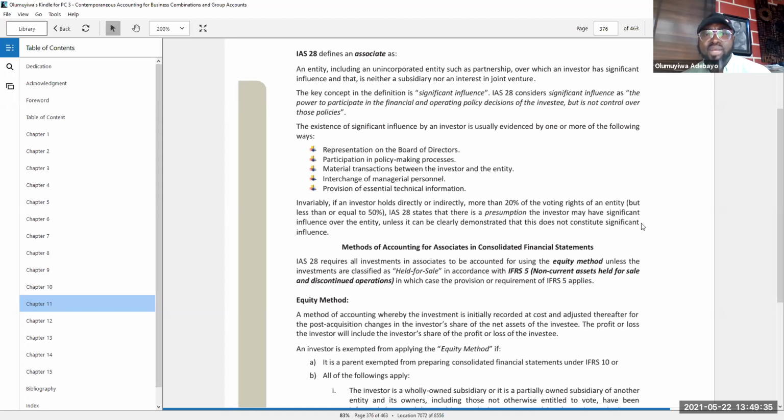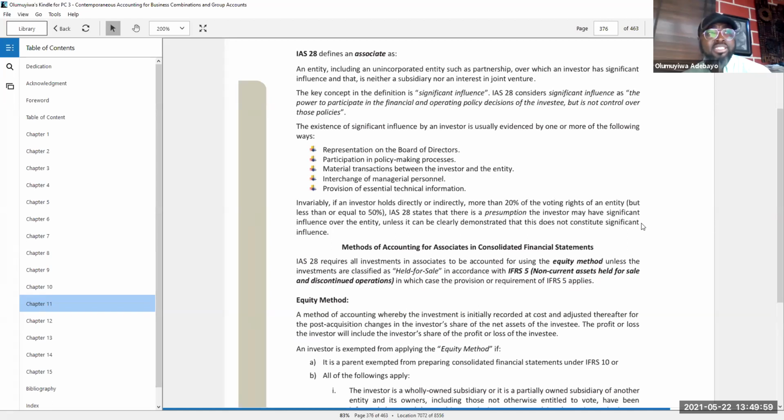Or a situation whereby your stake in the entity guarantees you a position such that you enter into material transactions with the entity as an investor. In that situation, that also presupposes that such gives significant influence.